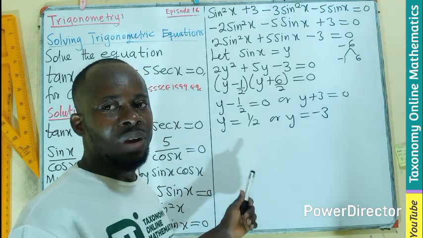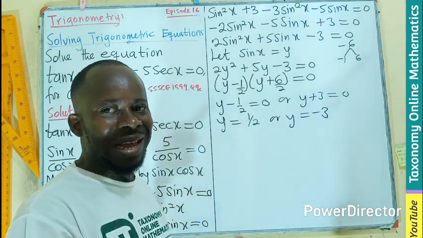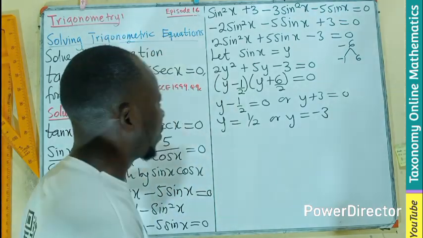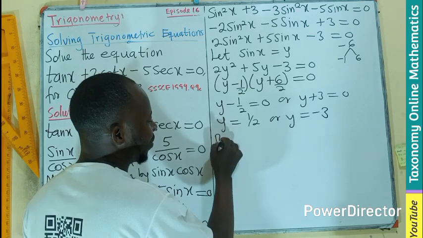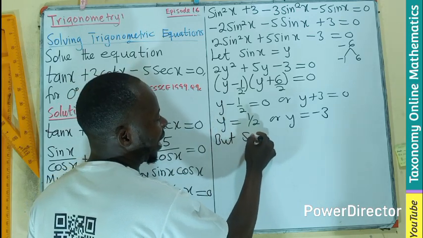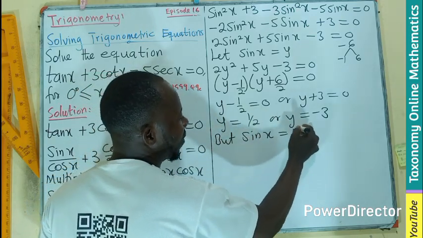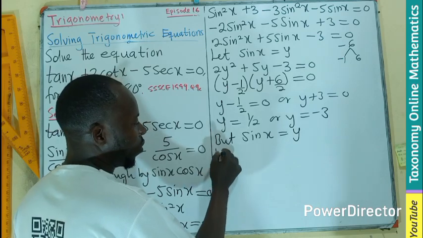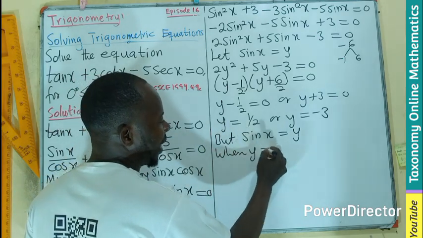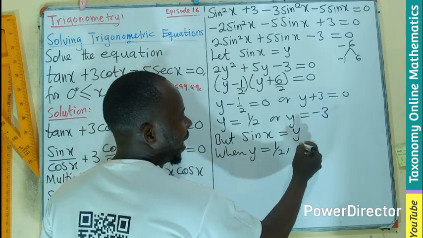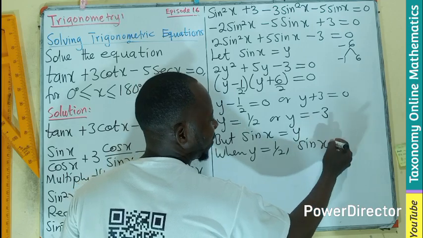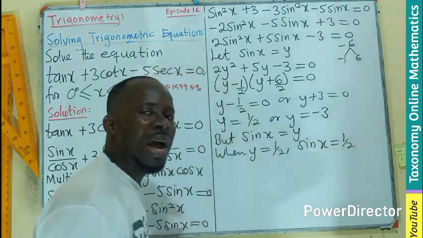This y is a substitution. So we go back to the beginning. Our sine x is what we have as y. So when y is half, then sine x will also be equal to half.